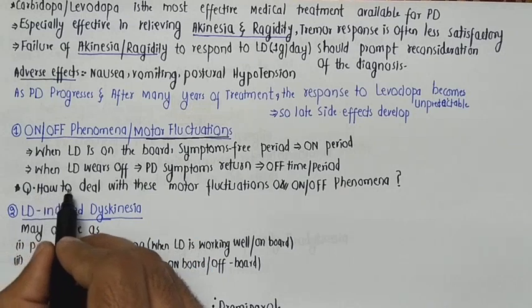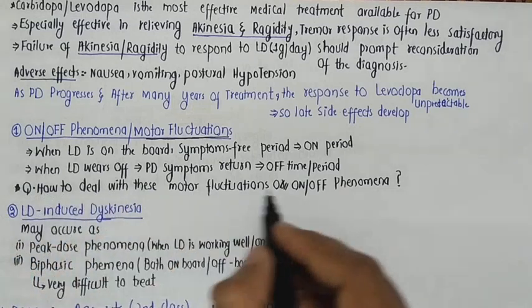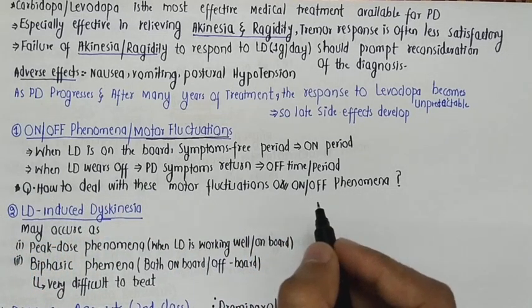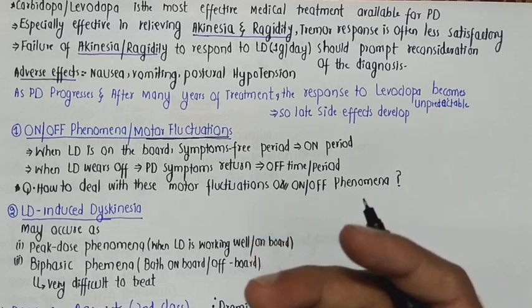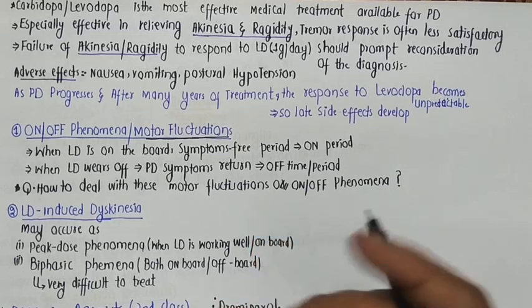A question arises: how do we deal with these motor fluctuations, the on-off phenomenon? We can do three things.